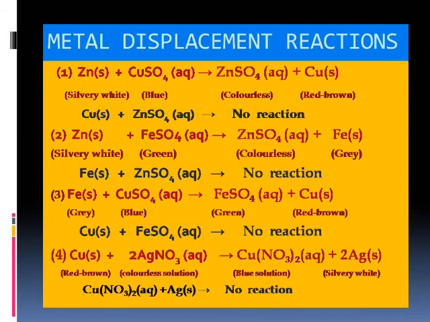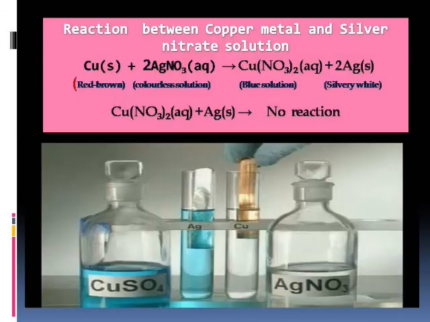Now see another example. When a strip of copper metal is kept immersed in silver nitrate solution for some time, the solution gradually becomes blue and a shining white deposit of silver metal is formed on the copper strip.